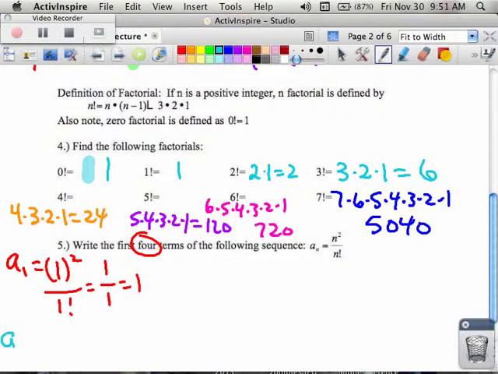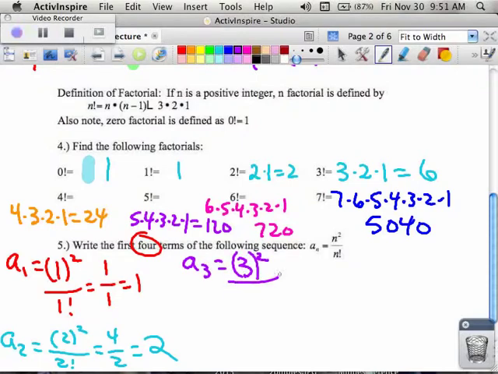A sub 2 is going to be 2 squared over 2 factorial, or in other words, 4 over 2, which is 2. A sub 3 is going to be 3 squared over 3 factorial, which is the same thing as 9 over 6, which is 3 halves.